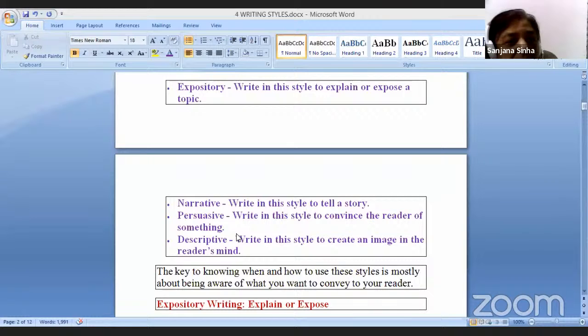So one sentence, the boy is at the gate. I explained in expository style, in narrative style, in persuasive style, and descriptive. When I'm describing, I'm using a lot of adjectives.